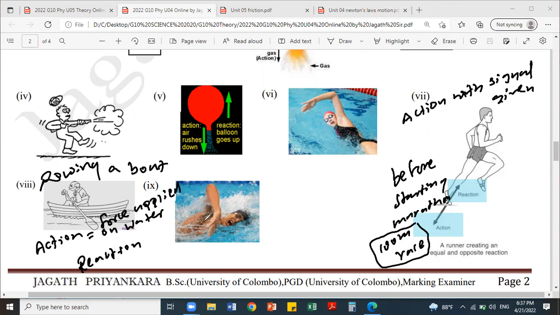Okay, so I have got 2 examples, swimming. Here, this is action on water, and the reaction is on the body of the swimmer.